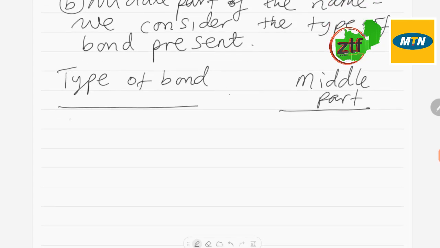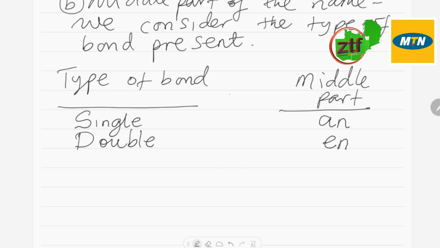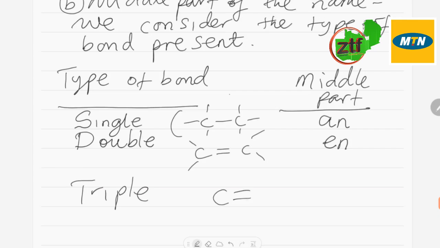If the type of bond present is single, the middle part is going to be AN. If the type of bond present is double, the middle part is going to be EN. So by single, something like this. Double. Okay. If it is triple, the middle part, so these are triple bonds, the middle part is going to be YN.